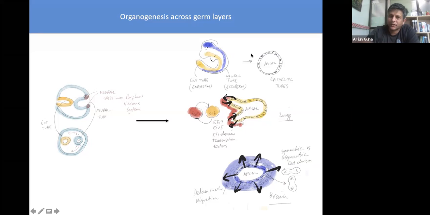The big picture here, of course, again, goes back to the fact that from an existing tube, you form 2 tubes. An existing epithelial tube gives rise to 2 epithelial tubes. And of course, in the context of the central nervous system, all of the brain and the spinal cord is derived from a tube consisting of a single layer of cells.